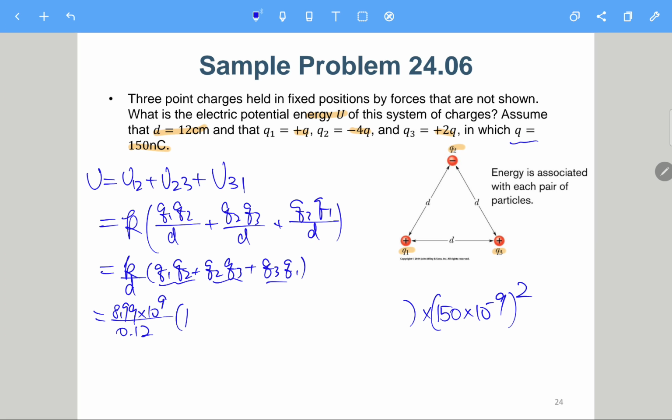So we have squared there. So we have 1 times minus 4, plus minus 4 times 2, plus 2 times 1. So the answer will be minus 1.7 times 10 to the minus 2 joule.